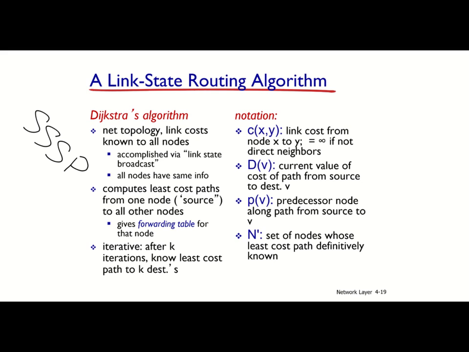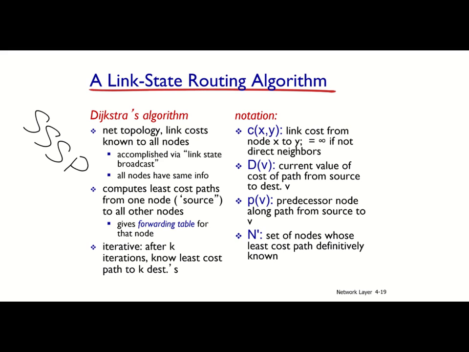P of v is the predecessor node along the path from source to v, which means the node visited right before v on the shortest path from source to v. And M prime is the set of nodes whose least cost paths are definitely known.